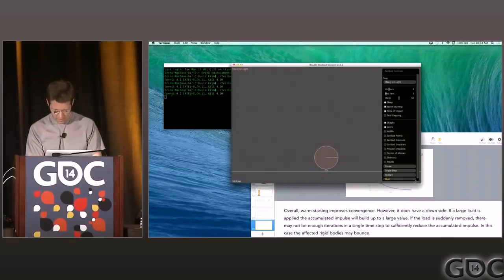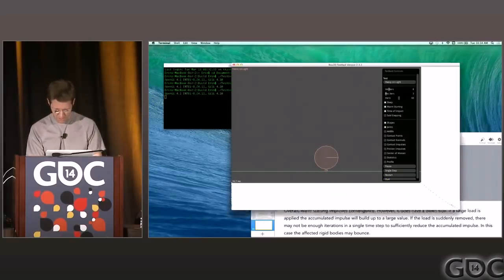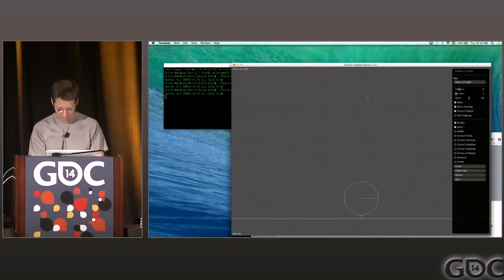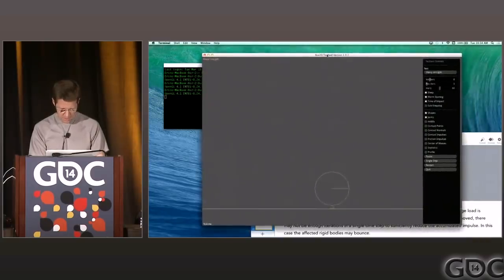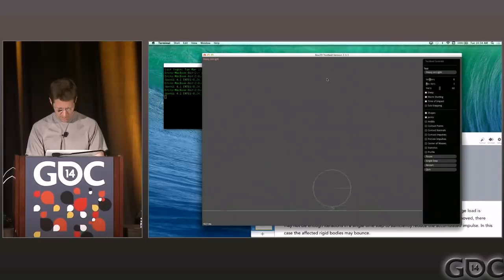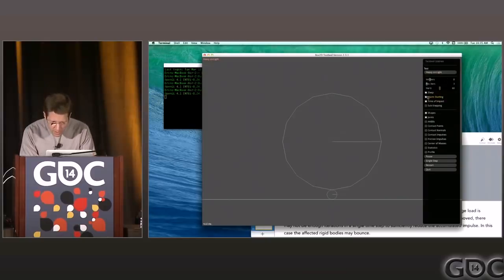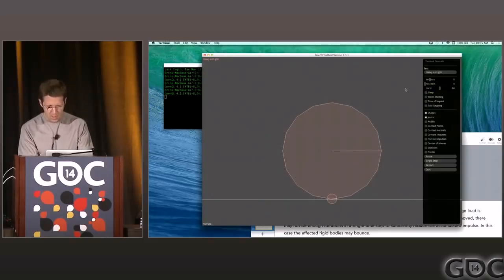All right. So this is Box 2D. I created a couple demos. Zoom in here a little bit. Okay, I'm going to make some changes. I'm going to turn off warm starting, turn off continuous, turn off sleep. I'm going to turn off position correction.